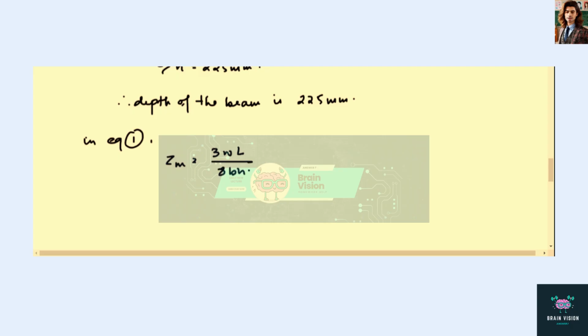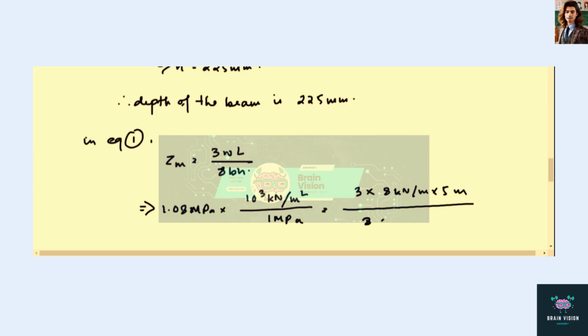So we have tau max is 1.08 megapascal converted to kilonewton per meter square, that is 10 to the power 3 kilonewton per meter square upon 1 megapascal. 3W is 8 kilonewton per meter into L is 5 meter upon 8.